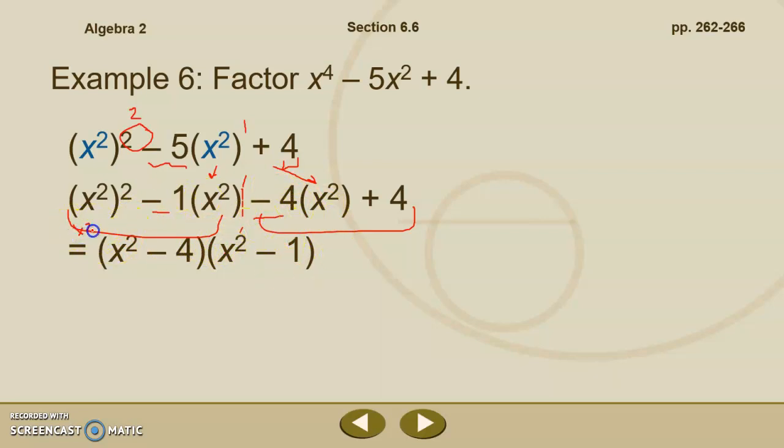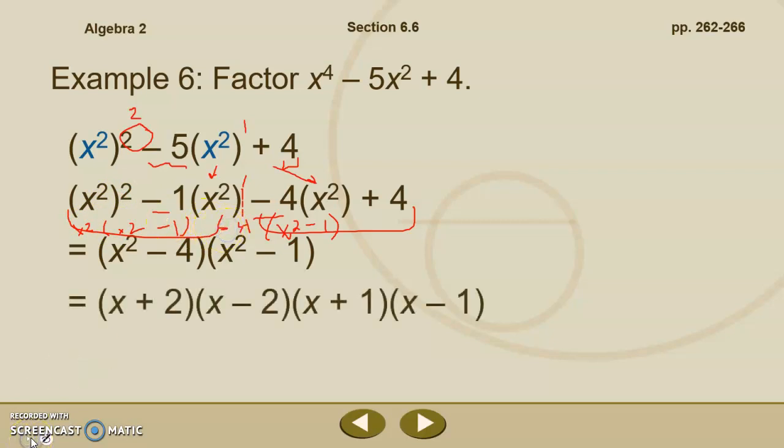We have x squared minus 4 times x squared minus 1. x squared squared is the same thing as x squared times itself, and then that's where we got our two groups.